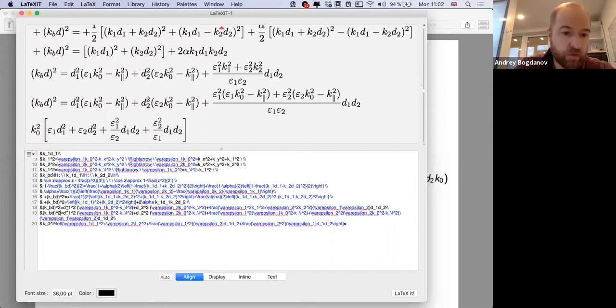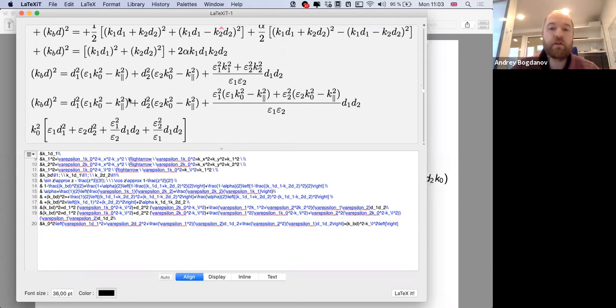Okay, and this should be equal to, let me write, this one, and here I have minus k parallel and minus k parallel square, and here left.